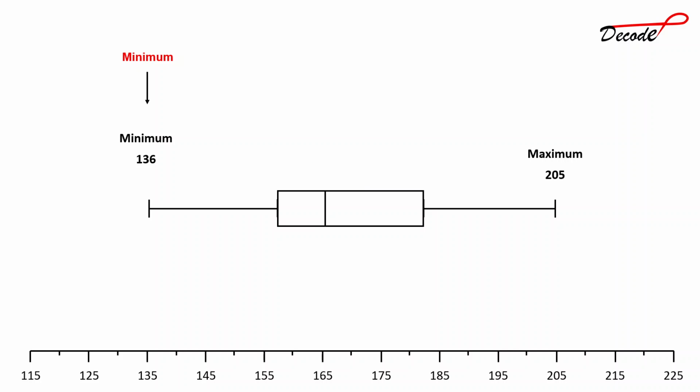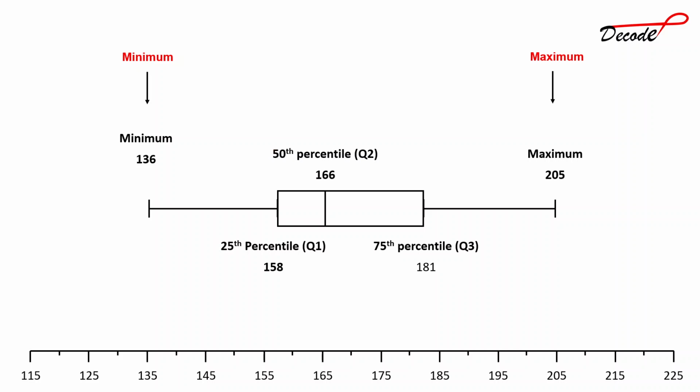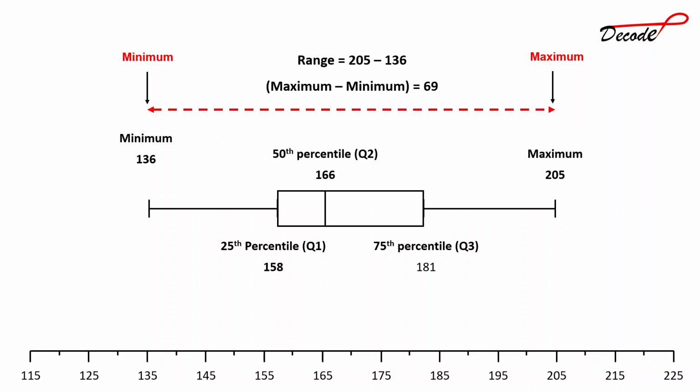Now we shall see what is the range and the interquartile range of this box plot. The range of the box plot can be obtained by subtracting maximum minus minimum. So the minimum value here is 136 and the maximum value here is 205. So the range becomes 205 minus 136, that is 69.